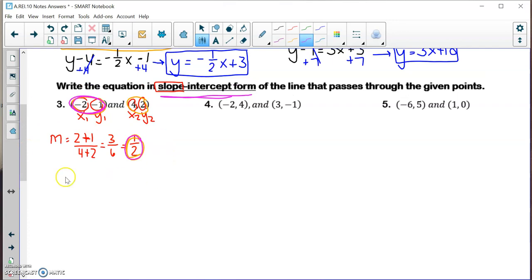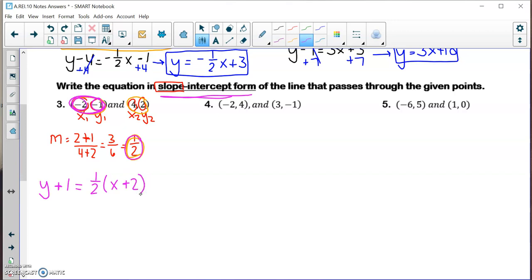You first find your slope and use your slope and one of the 2 points they give you. We're going to write our equation in point-slope form first. So y minus my y1 value of -1, y minus a -1 is really a +1, equals your slope of 1/2, which we found, times x minus the x value of -2.